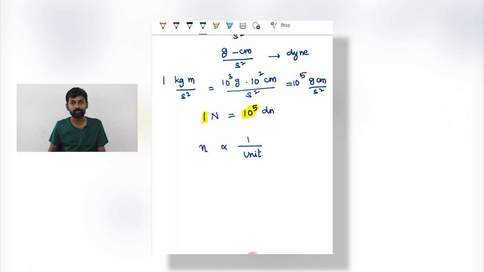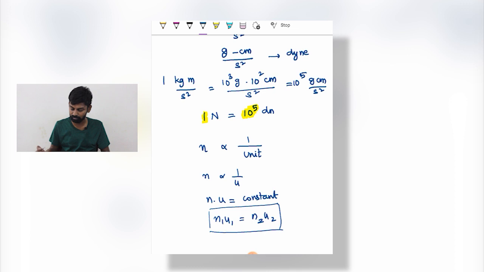If the unit is bigger, the numerical value will be smaller. So, n is inversely proportional to u, or n into u is a constant. So, we can write n1 u1 is equal to n2 u2. This is the principle we use in converting one system of units to another system of units. The bigger the unit, the smaller is the numerical value.